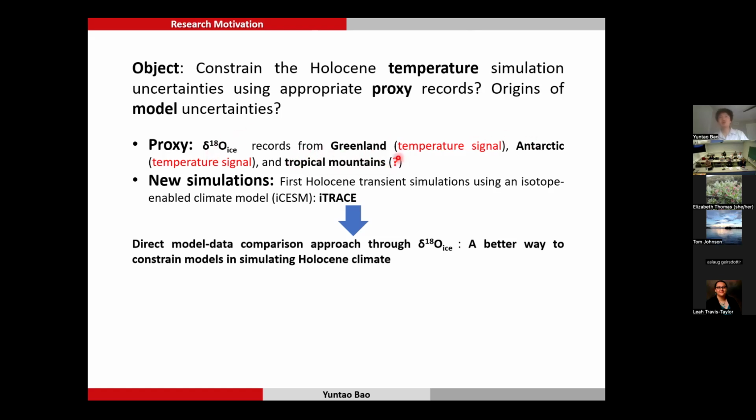But for tropical mountain ice cores, the interpretations still have a lot of debate. So I put a marker here. Okay, we are not very sure if it's a temperature proxy. But overall, we can use Greenland and Antarctic ice core delta O18 as a good way to constrain the model simulation of delta O18. Okay, so we can do the direct model-data comparison through this approach.